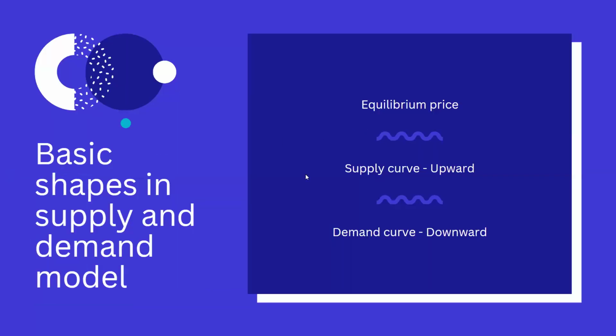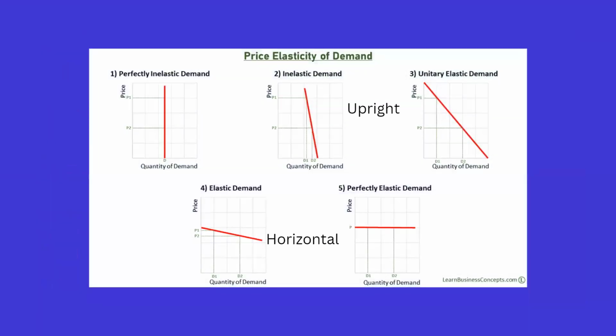So this is the basic shape in economics. We have the equilibrium price, that is the intersection. The supply curve is upward, the demand curve is downward. And another topic: generally we have an upward curve and a downward curve, but the slope of the curve varies in different markets.